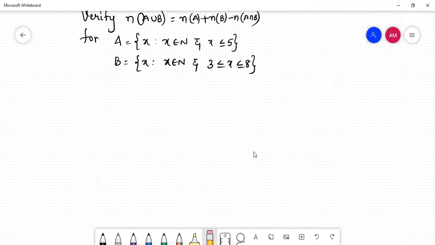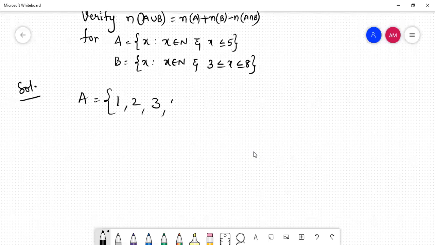First, I'm going to write the roster form of A and B, that is the list form of A and B. A is equal to, here the natural number set starts with 1, so 1, 2, 3, 4. We have to write up to 5 since x is less than or equal to 5. Next, what is B?